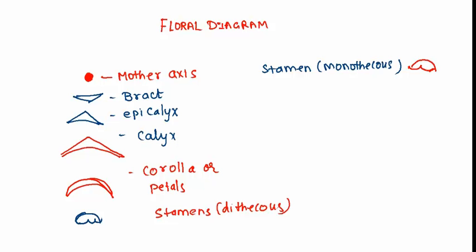If stamen is diathecous and it is also extrorse in position, then it is represented by this diagram, like this.